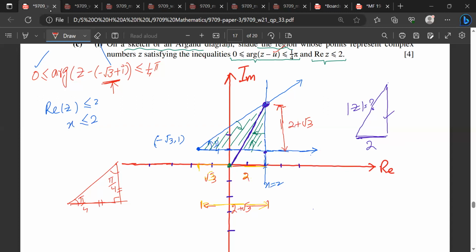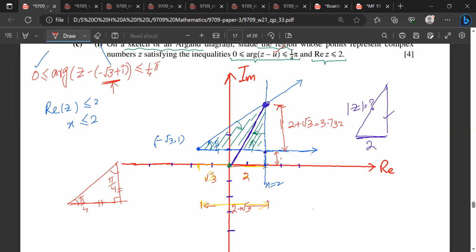Next, you can find this length in decimals. So this length is, using the calculator, 3.732. And this length is 1.